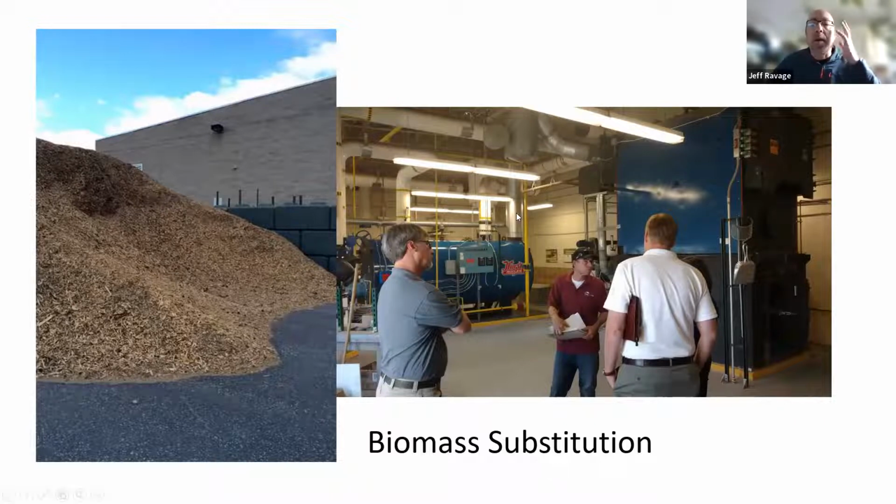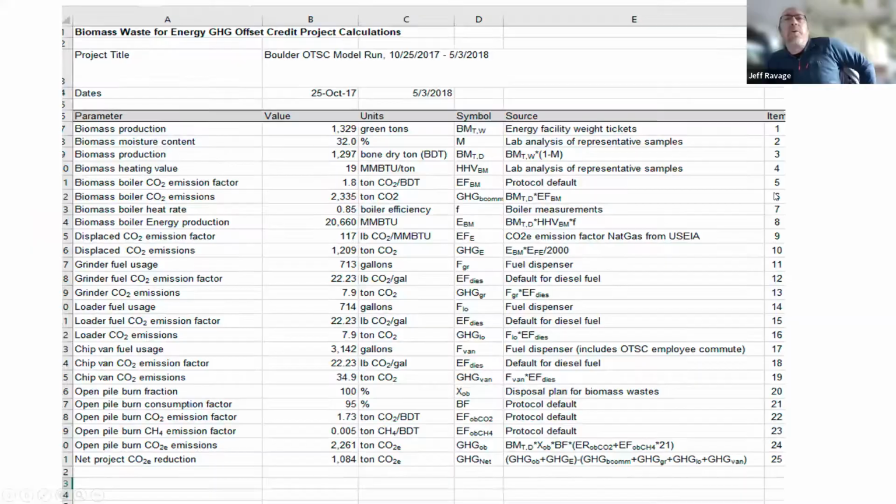So what we did is we modeled it and ran it through the protocol. This is what the output of the protocol gave us, and this is a year run. Basically you can see that they started with 1,300 green tons. We zero it out to make sure that we're looking at bone dry tons.